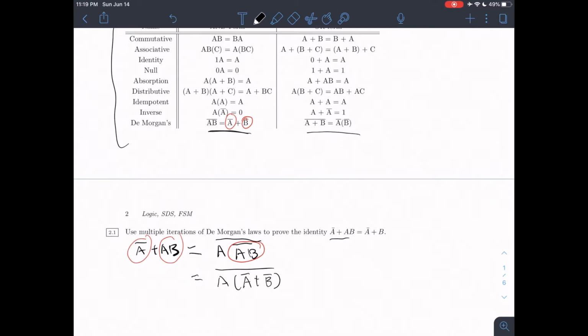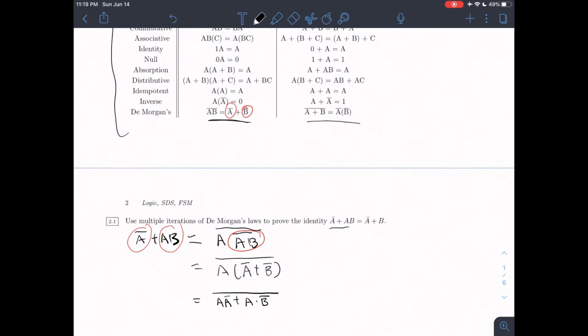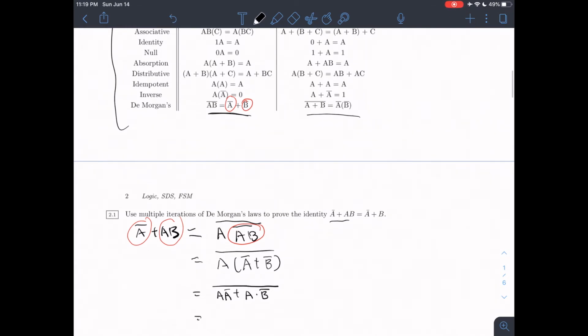Then we can multiply out the expression with the distributive property. So we're going to do this all under the not. So it's going to be A times not A plus A times not B. From the inverse law, we can see that A times not A is going to be equal to 0. So that means we're just left with A times not B.